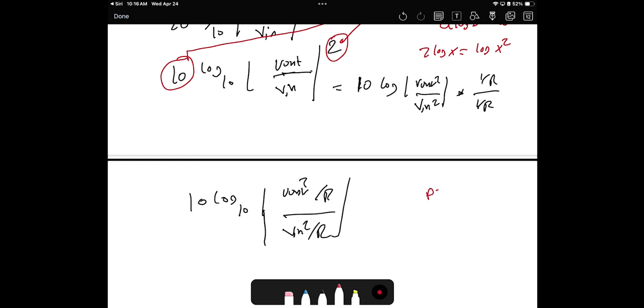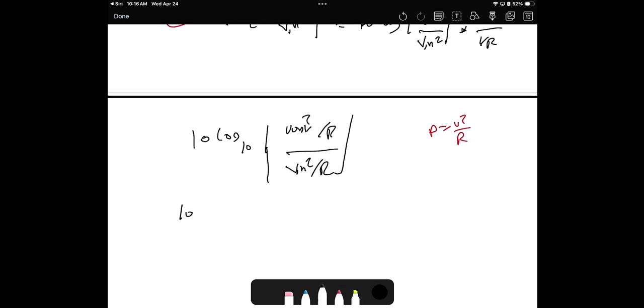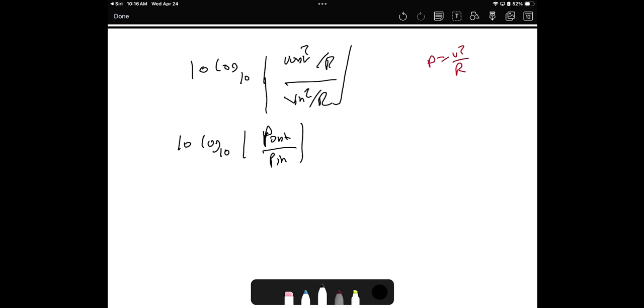And we know the power is V squared over R. So this yields 10 log base 10 P out over P in. Okay? That's why we have 10, because V out is squared. As a result, we can say that in decibels, dB, 20 log V out over Vin is the same as 10 log P out over P in.